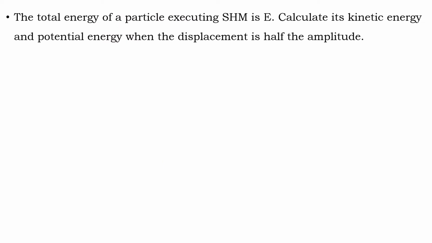The second problem is, the total energy of a particle executing simple harmonic motion is E. Calculate its kinetic energy and potential energy when the displacement is half the amplitude. That is, the total energy E can be represented as E is equal to half K A square.